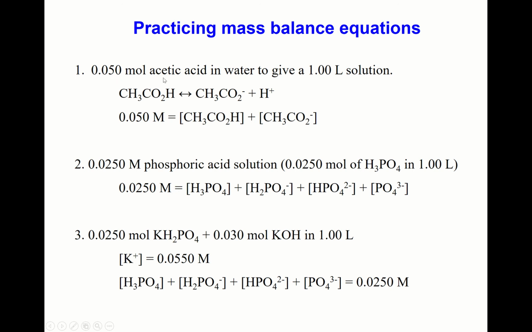0.05 mole acetic acid in water to give a 1 liter solution. So this one, the acetic acid analytical concentration is 0.05 molar. But it undergoes dissociation, and then after dissociation, it takes two forms: dissociated form and undissociated form.